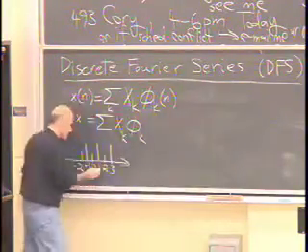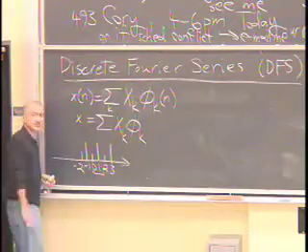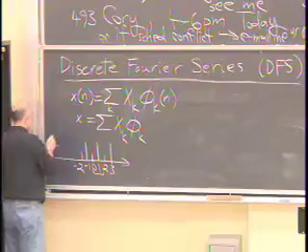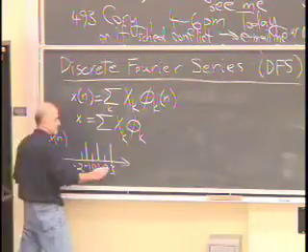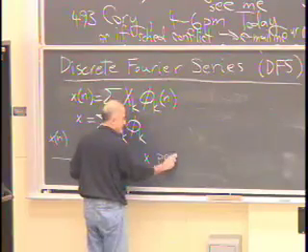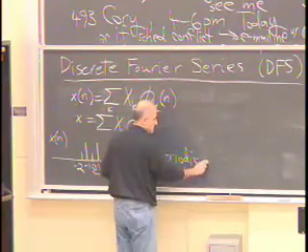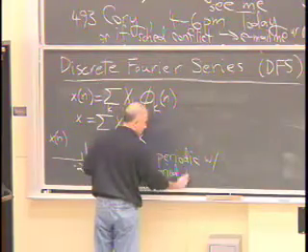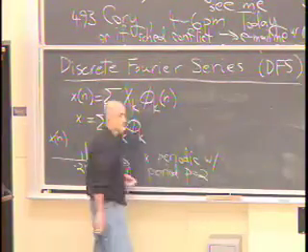x as a vector is essentially a stacked up version of the values within one period. So x is periodic with period p equals 2.